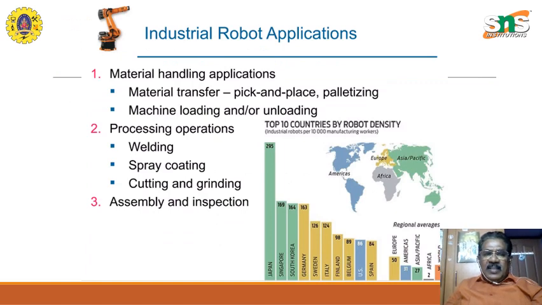Then you also have the industrial robotic applications, the various applications for robots. Since we have come to the end of this unit, basically they are used for material handling, pick and place, palletizing, etc., where you can take the left front door of a car, get it welded, and then place it into the car.